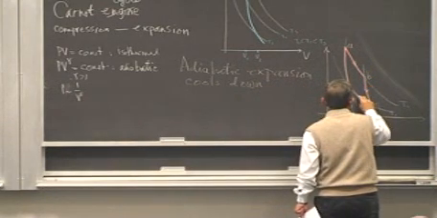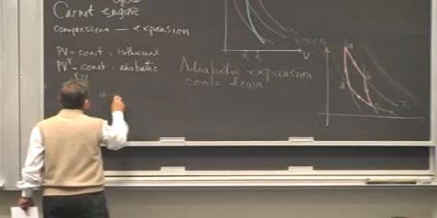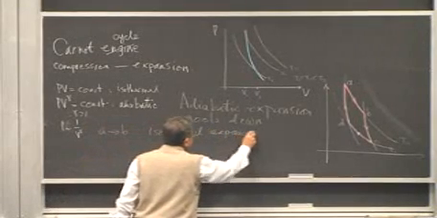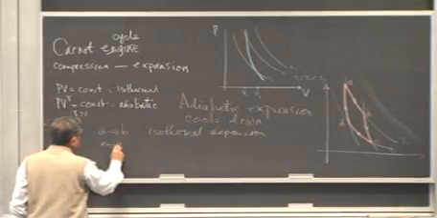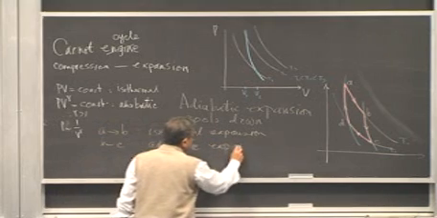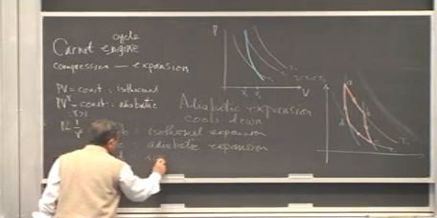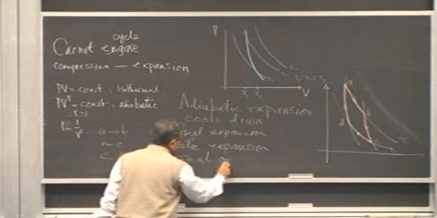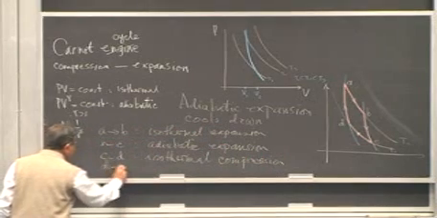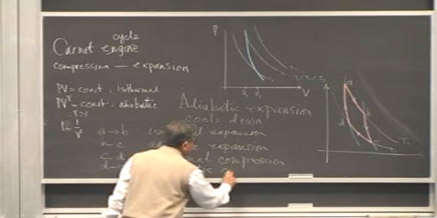And in this particular process, you can see that A to B is isothermal expansion, B to C is adiabatic expansion, C to D is isothermal compression, and D to A is adiabatic compression.